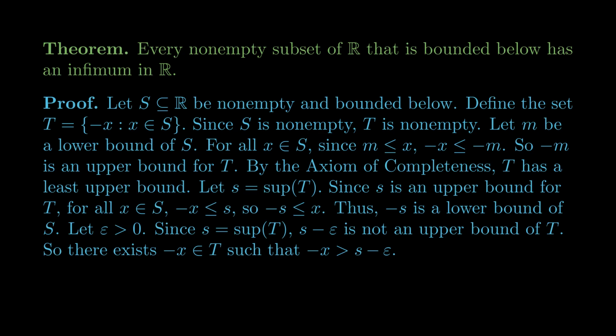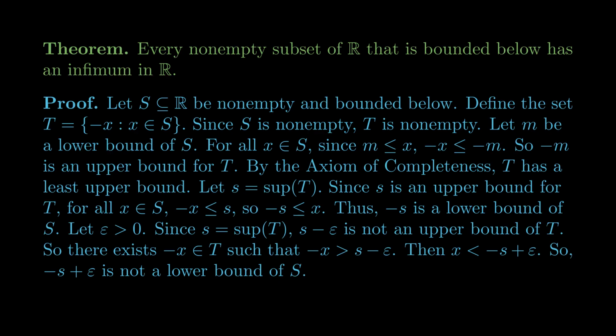Let's call that element negative x so that we can negate things to find an element in S. Negating both sides and reversing the direction of the inequality, we can say that x is less than negative s plus epsilon. But x is in S because negative x is in T. And so we found an element of S that's less than negative s plus epsilon, which means negative s plus epsilon is not a lower bound for S.